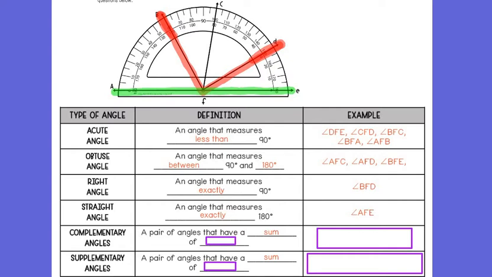So complementary is two angles that add to a sum of 90 degrees. What do you think supplementary would have to be? The sum of 180 degrees. They're very similar, but they have a crucial difference in the amount.